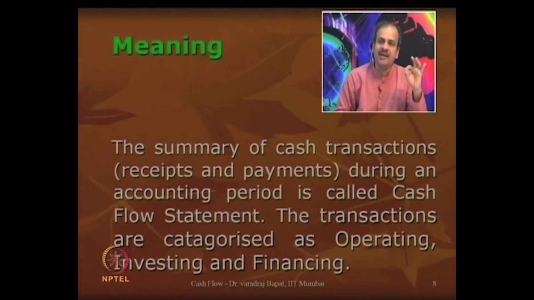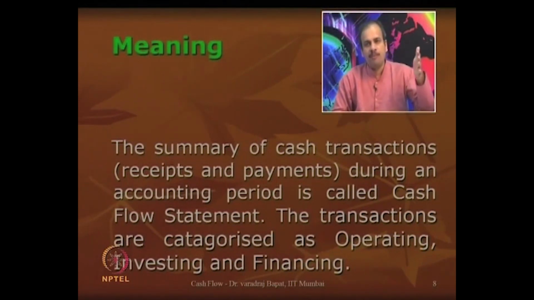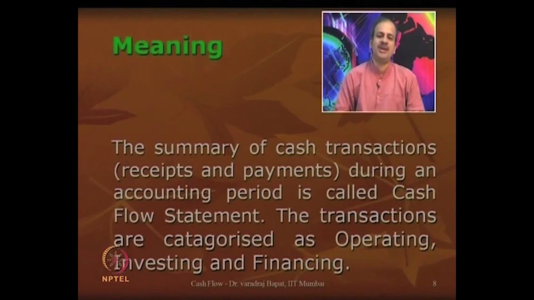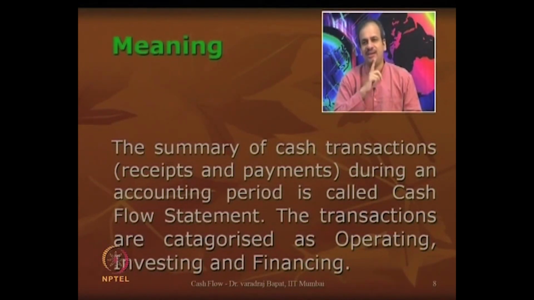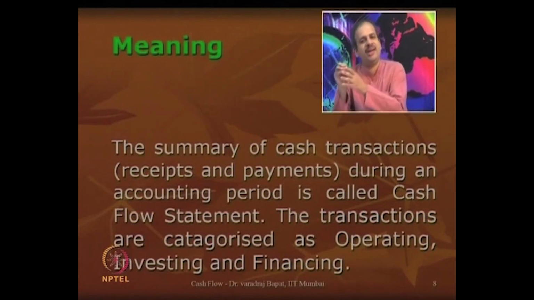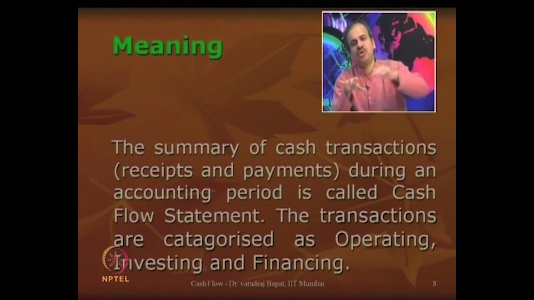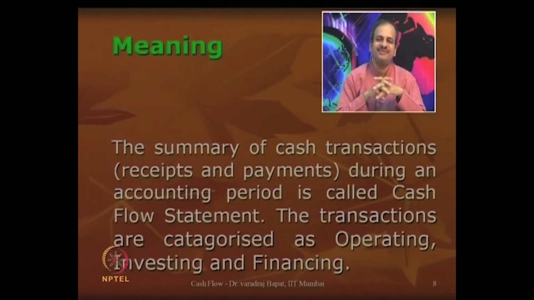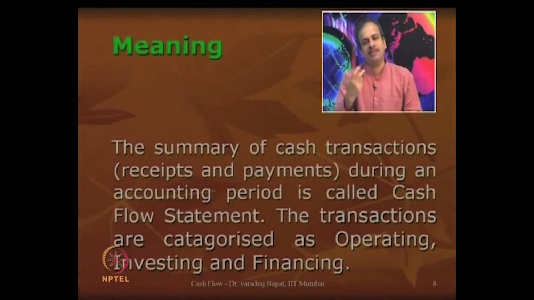Now, are there any items which emerge from balance sheet and appear in cash flow statement? Just think a bit, I think you will be able to guess. So, many items of P&L do appear in cash flow, but are there any items from balance sheet which should come in cash flow? Suppose I purchase a new machinery, will it come in P&L account?